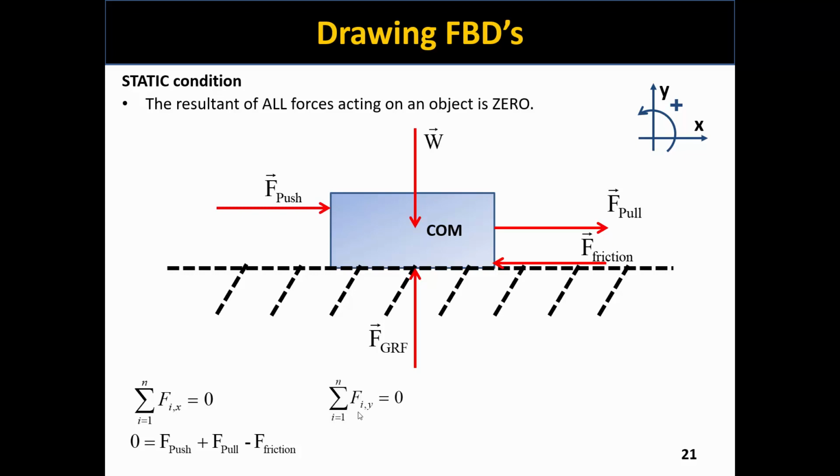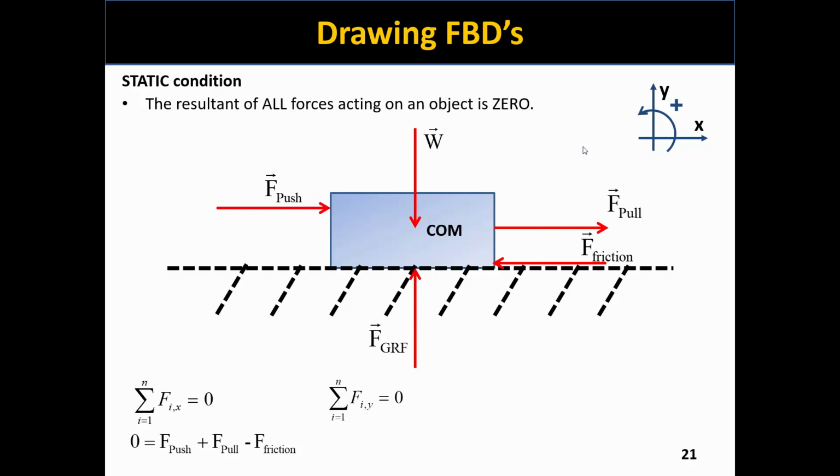We now move to the y direction. So once again, I go back up to my free body diagram. I start on the left-hand side and work my way until I encounter y-directed forces, and right away I see I have a W and an F ground reaction force.